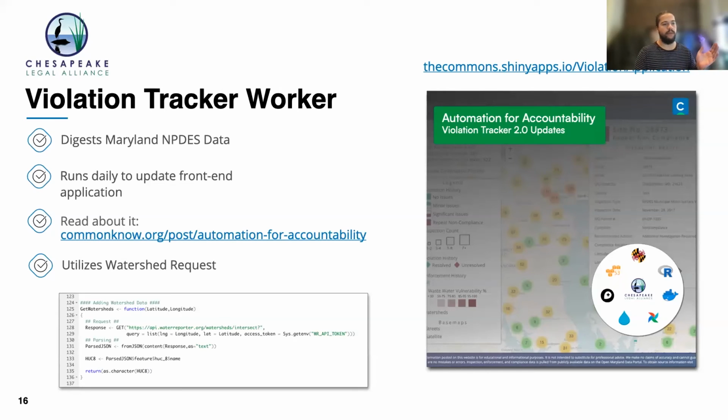So the Water Reporter API is hanging out with a bunch of other APIs in this worker, and it seamlessly takes data from a state portal, combines it with all those ancillary data sources, and then pushes that data to the front end application, and it's updated daily.